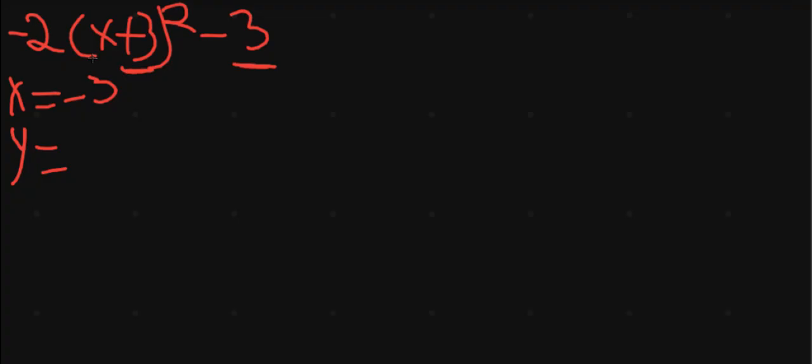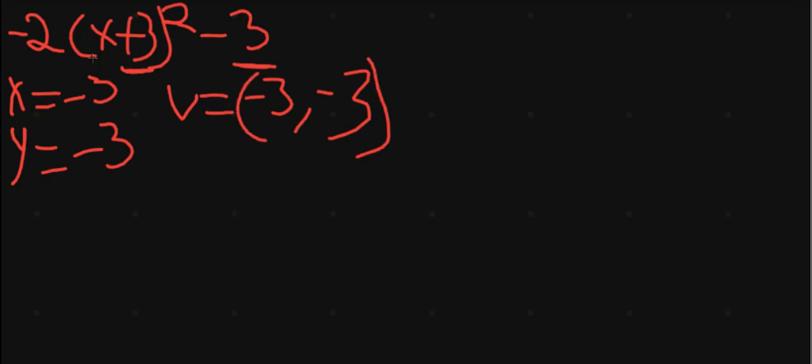And our k value, when we put it into our vertex, will always stay the same as -3. So our vertex equals -3, -3. So when you're plotting that on a graph, this the vertex, you go over 3 to the left, down 3, and about right there. Depends on the units of your graph.